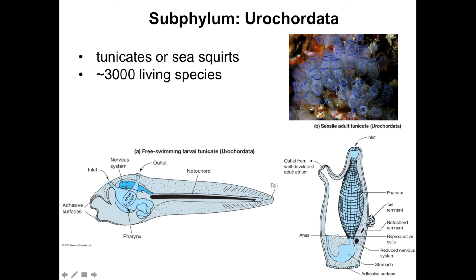Most tunicates have these free-swimming larvae which last hours or days, and the larvae exhibit the shared derived chordate characters that we talked about before. The ancestral state of all chordates probably resembled this free-swimming larval tunicate.